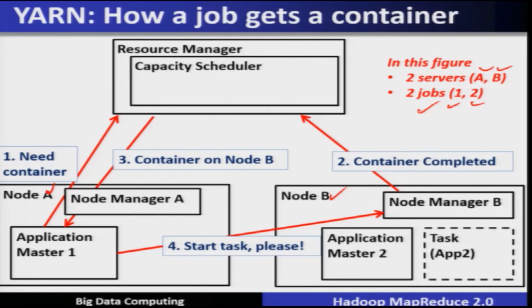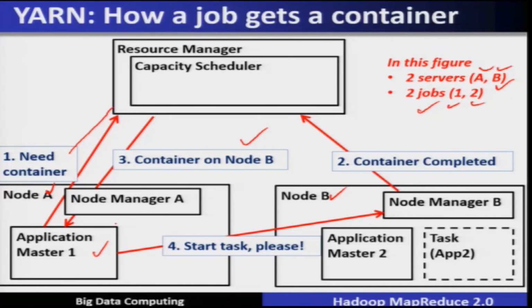So, the client will give a request to the resource manager, that is a component of yarn, for scheduling these two jobs, and this resource manager knows that there are two servers A and B with available containers within them. So, let us assume that there is one container available on B, and there are containers available on A also.